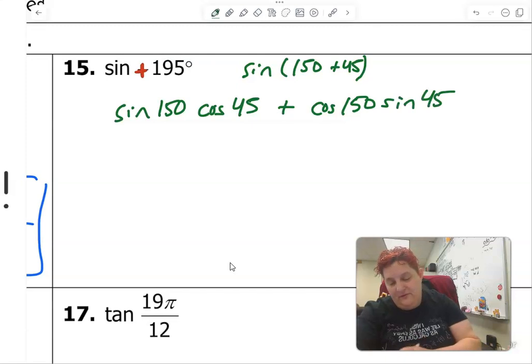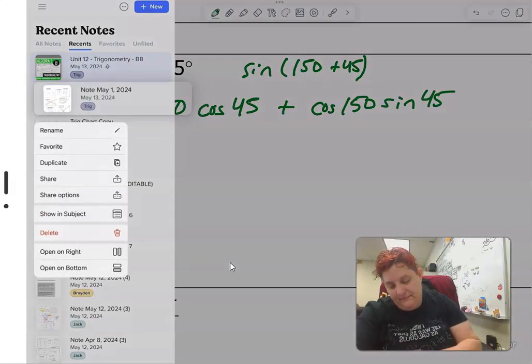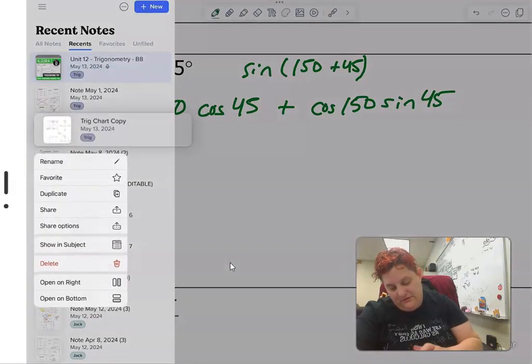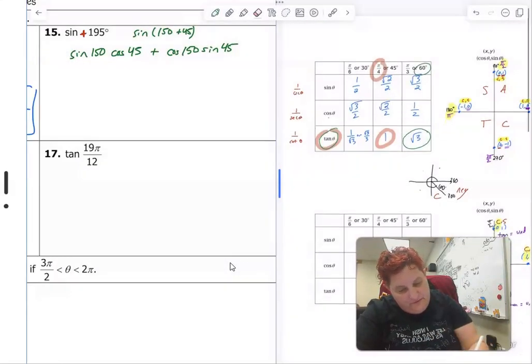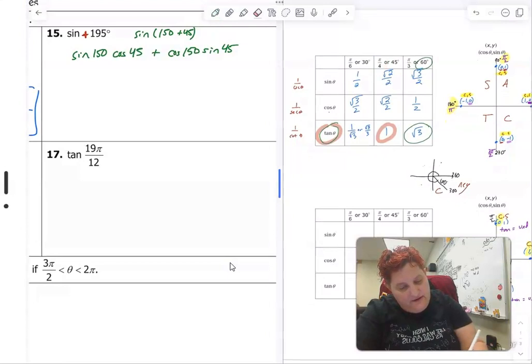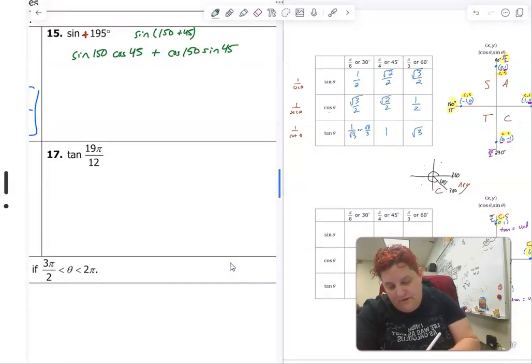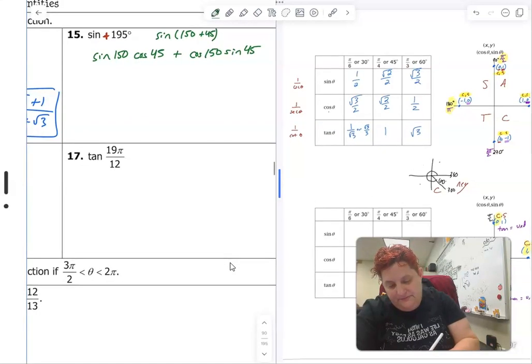Okay? Now the 45s are easy. Let's open this up. The 45s are pretty easy because sine and cosine are both root 2 over 2. So that's root 2 over 2. That's root 2 over 2.